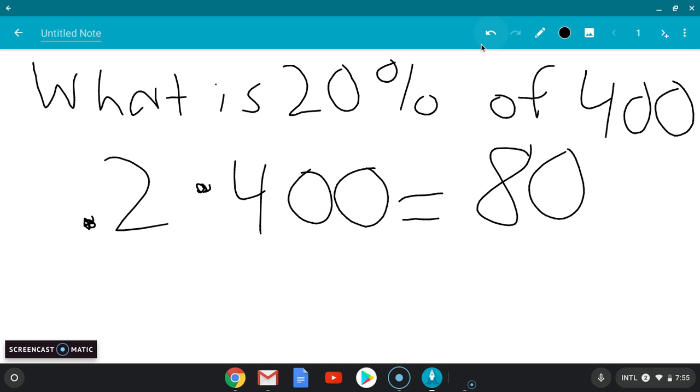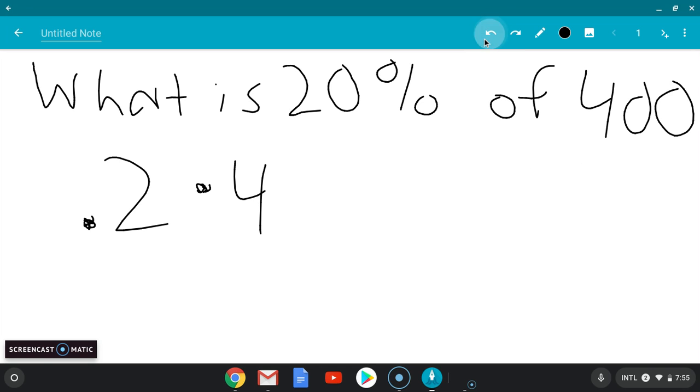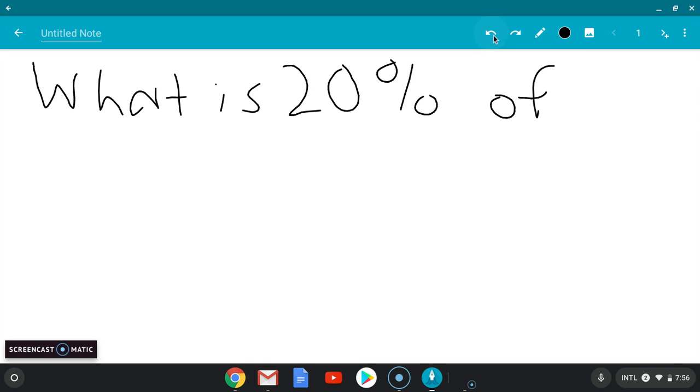Now let me try a trickier percentage. Let's say, what is 117% of 30? All right, so we move the decimal 2 spaces to the left. We change this to a decimal.